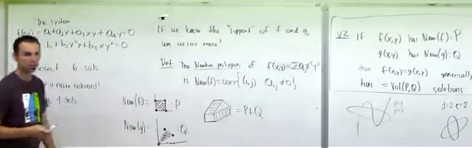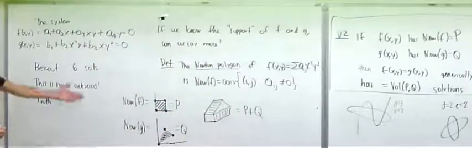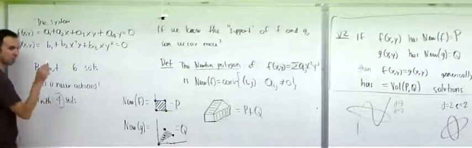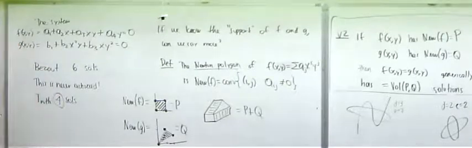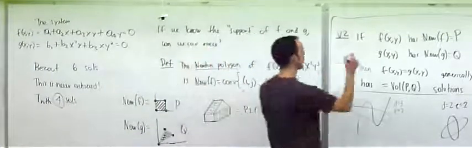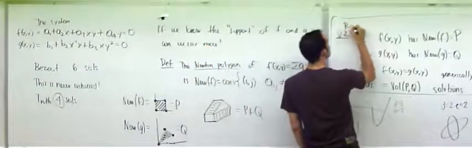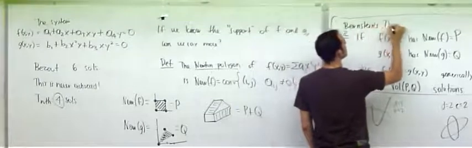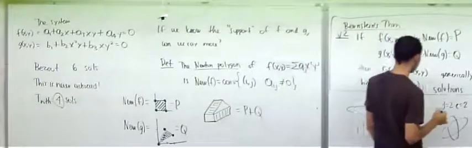And you see each one of these things has area 2. When you add them, we get that the mixed area is 4. And that's why there are 4 solutions here. So this is Bernstein's theorem. Beautiful theorem.